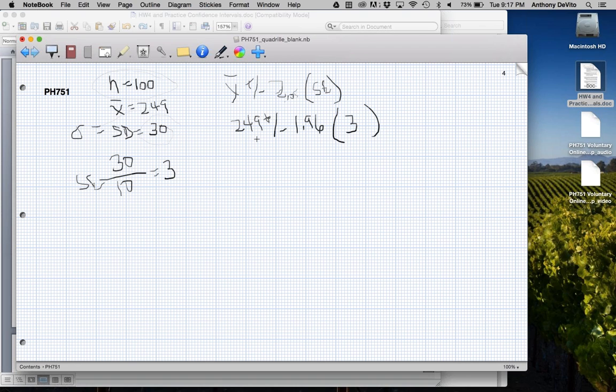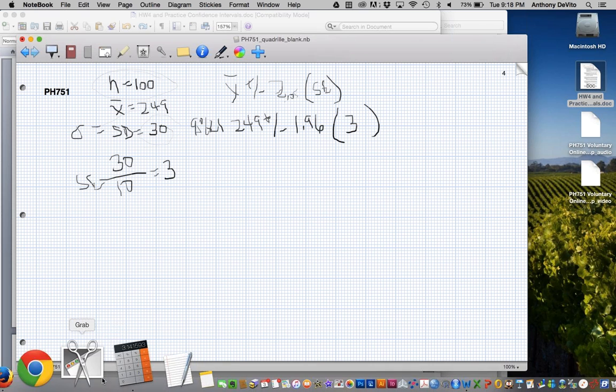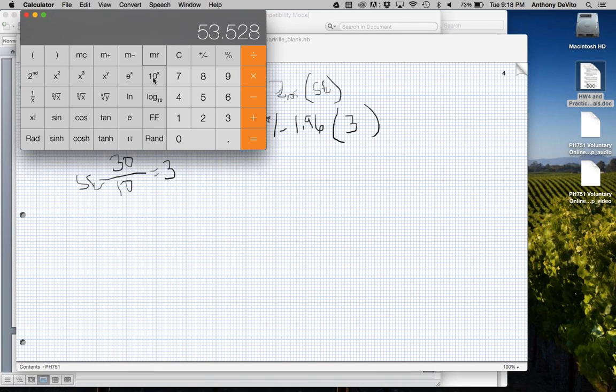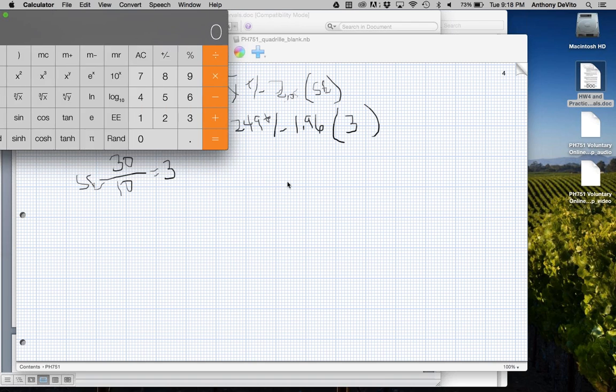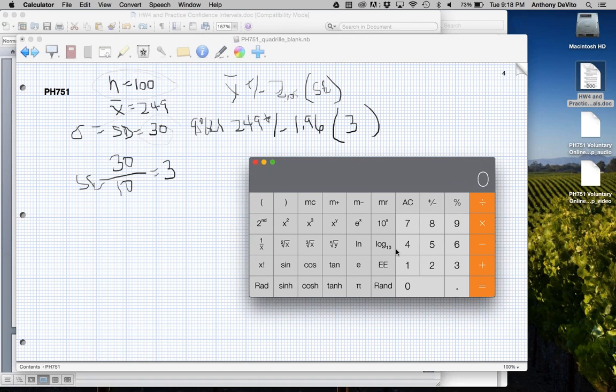Okay, so we're going to wind up with a 95% confidence interval. Let's go ahead and work this out. 1.96 times 3, and I'm going to put that into memory.